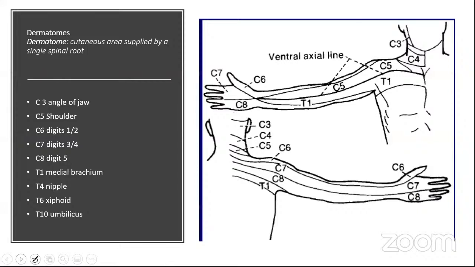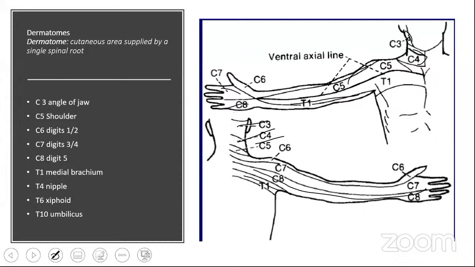So the dermatomes, the cutaneous area supplied by a single spinal root, are shown here. This is C3 here, this is C4 here, and the dorsum is C5, this is C6, C7, C8, and T1. In the region of C3 you can see the back side of the neck, C4 and C5, and you can see T1, C8.